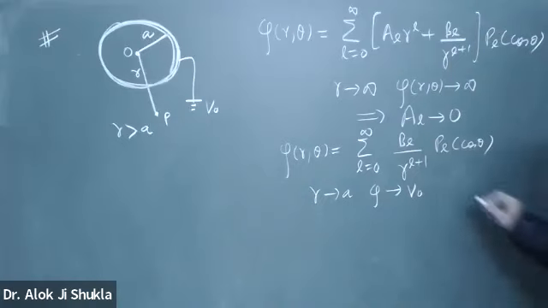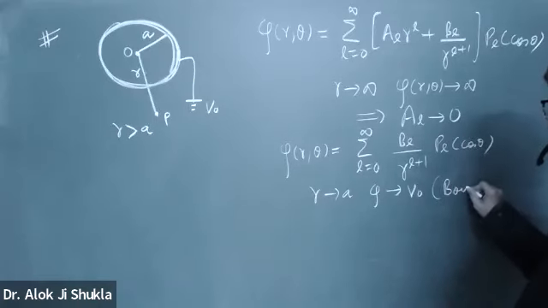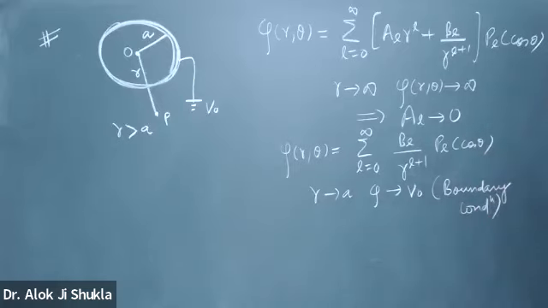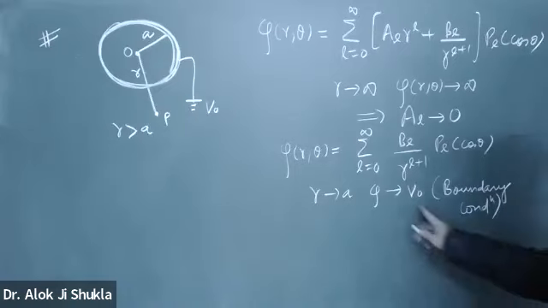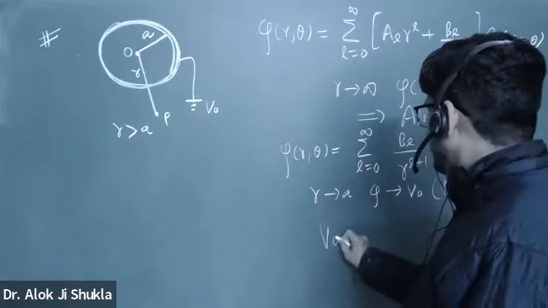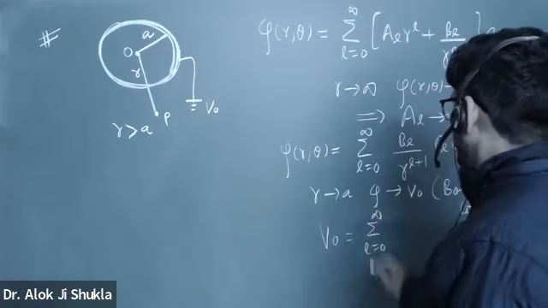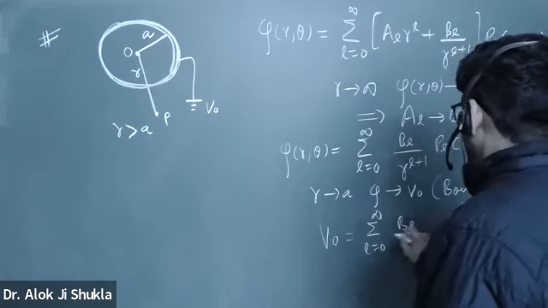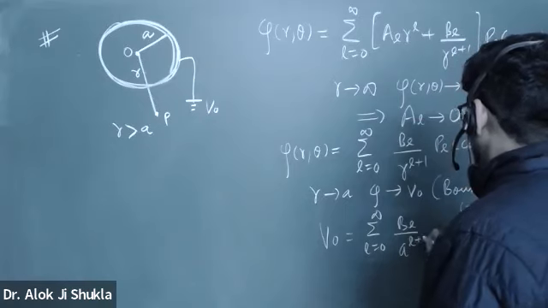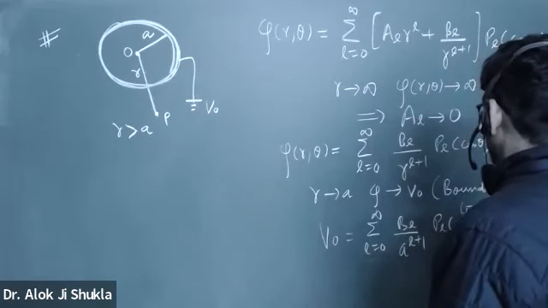Yes, sir. This is the boundary condition that is given. So if we apply this case, then V naught will become summation L is equal to 0 to infinity BL upon A to the power L plus 1 and PL cos theta.